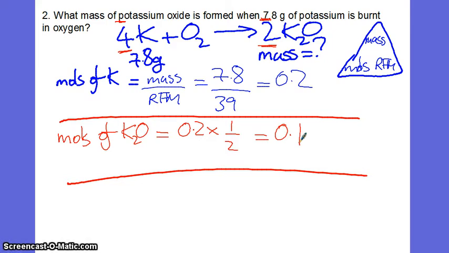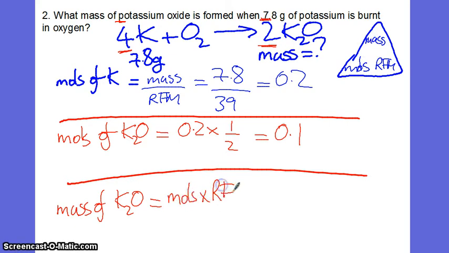Try and remember what we did for our final section. We need to convert our moles into what they've asked us for in the question. They've asked us for mass. So mass of K2O equals, cover up our mass, moles times RFM. Moles is 0.1. The periodic table will help you with your RFM.